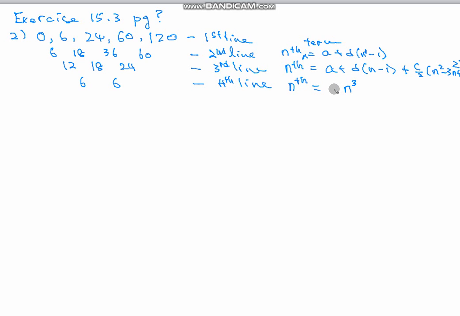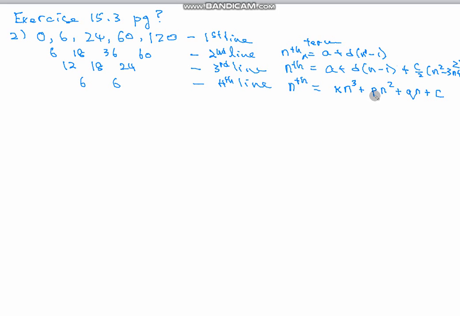There could be any number in front, and then you get n squared, n plus a constant. Okay, this is what you're going to see if you have fourth line constant. Now there's no formula for this. I think you do not need to remember the formula, because it's too complex for IGCSE.